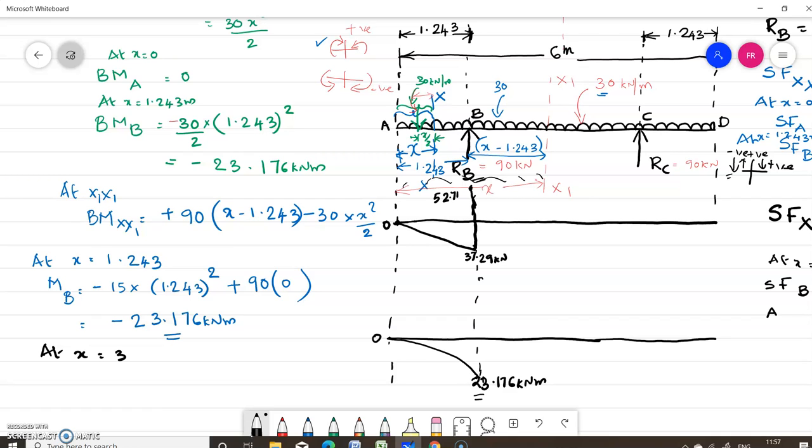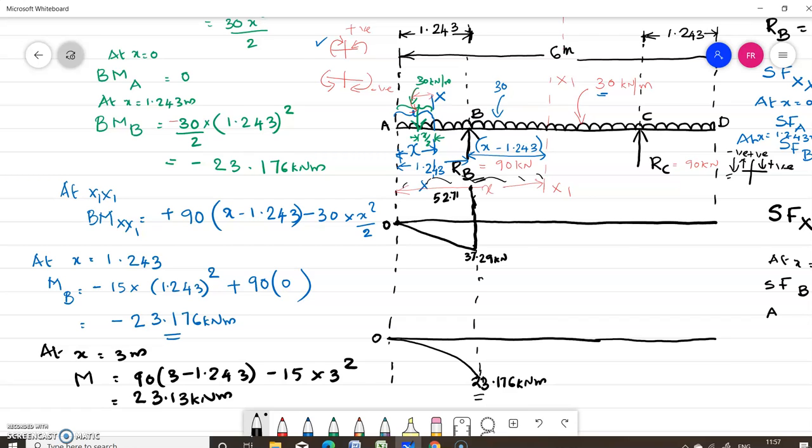At x equal to 3 meter, bending moment is equal to 90 into (3 minus 1.243) minus 15 into 3 square. So this value we will get as 23.13 kilonewton meter.